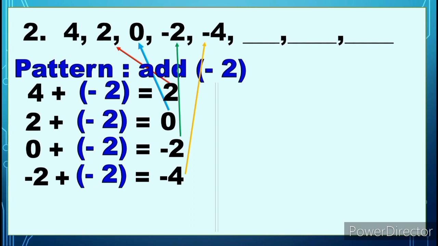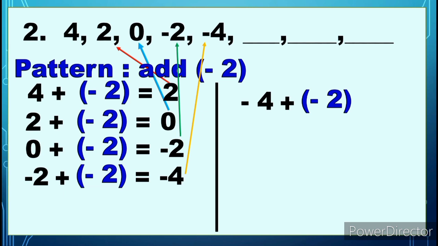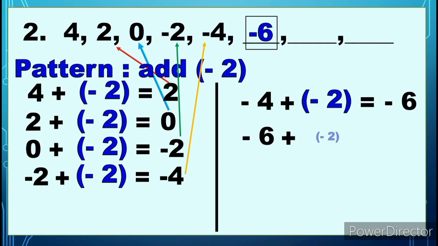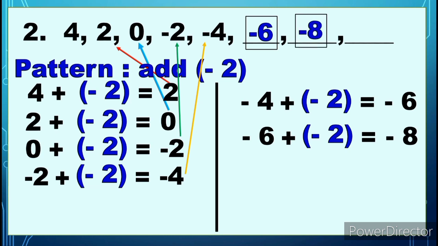Now, to get the next sequence, okay, so we have the negative 4 plus the pattern, which is negative 2, equals negative 6. Therefore, negative 6 is the next term. Next, we have negative 6 plus negative 2. Okay, same sign. So, we add 6 plus 2 equals 8 and then copy the sign, which is negative.